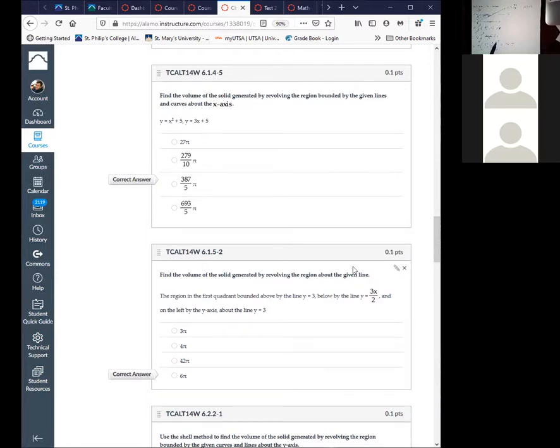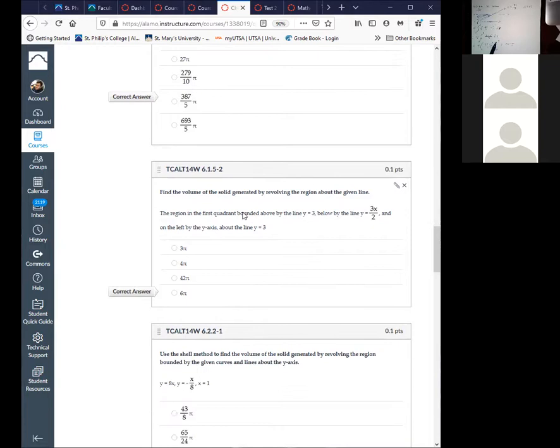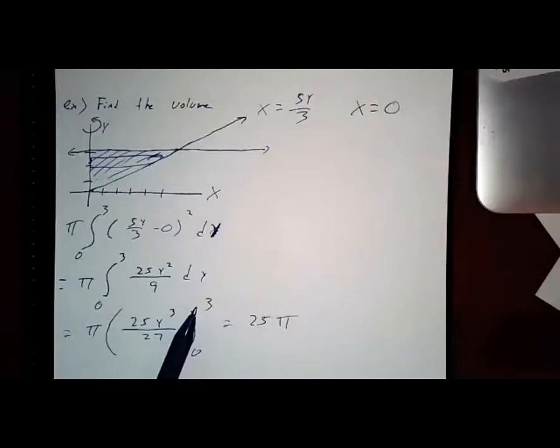Simple things to graph. Let's see here. This one looks challenging because, let me see, region in first quadrant. Revolve about y equals 3. So this makes it a little harder because the axis may not be right next to the graph or the region. So let's do this guy. So should be 6 pi. Let's see if we can get there.